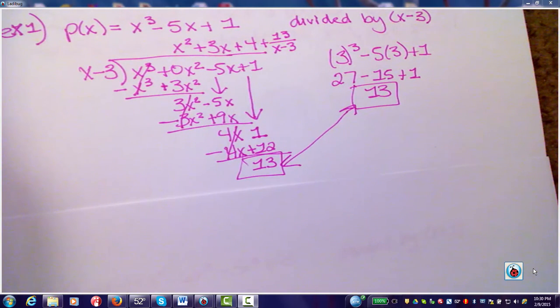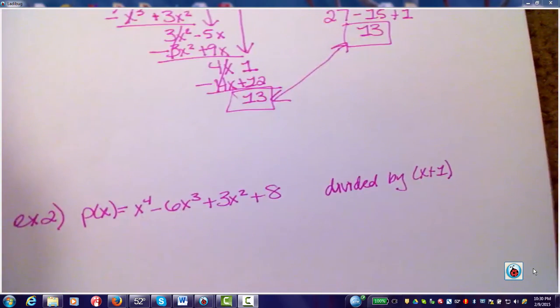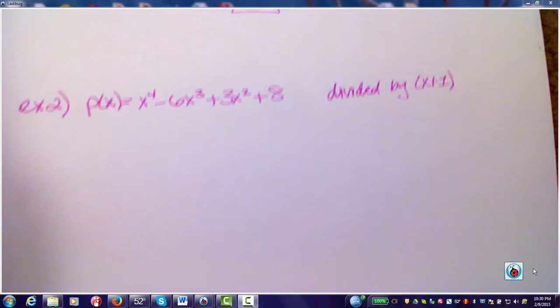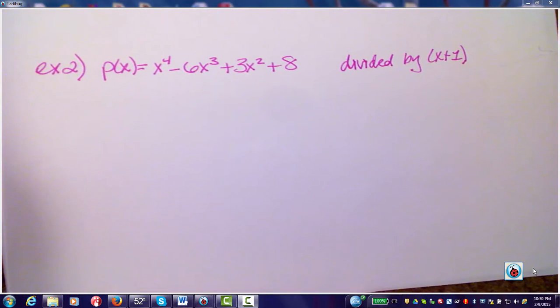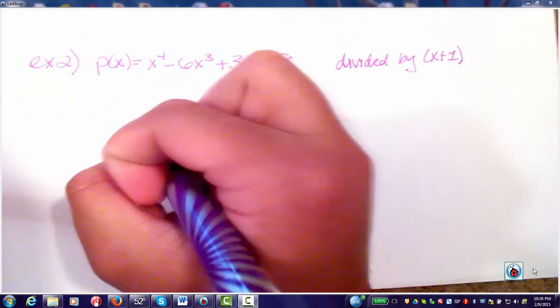So now let's try another example. Let's look at example 2. x to the 4th minus 6x cubed plus 3x squared plus 8 divided by x plus 1. We can do polynomial long division.